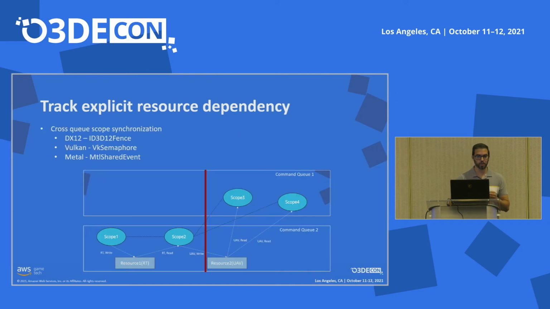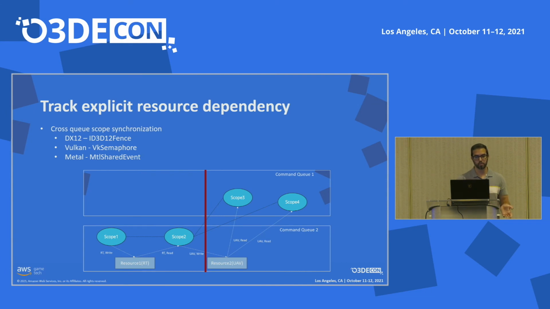And then we need to talk about what happens when they're in different queues. The actual synchronization construct changes. If it's a different queue, it's not a transition barrier, it's actually a fence. So you need to check: scope 3, which is reading from scope 2, is on a different queue. And if it is on a different queue, not only do you have to do a transition barrier, but you also have to apply a fence because it's a different command processor under the hood.